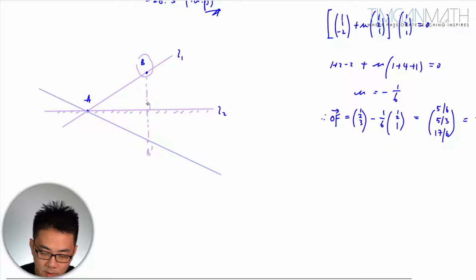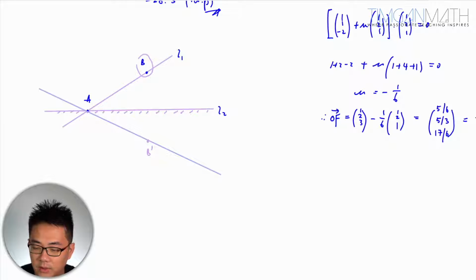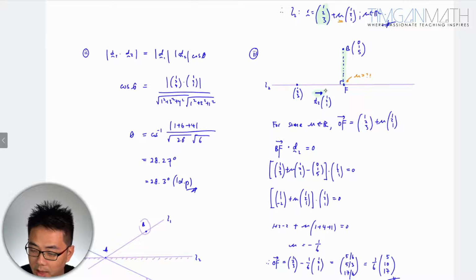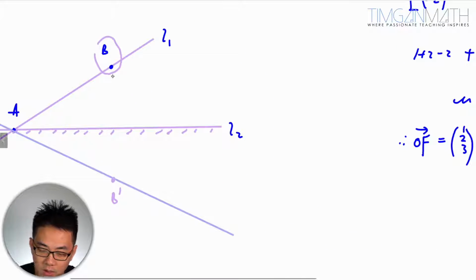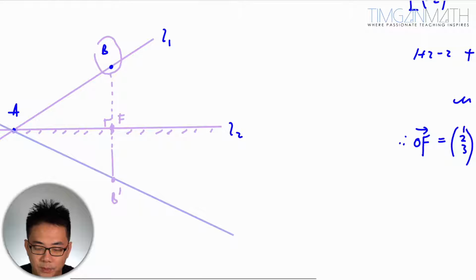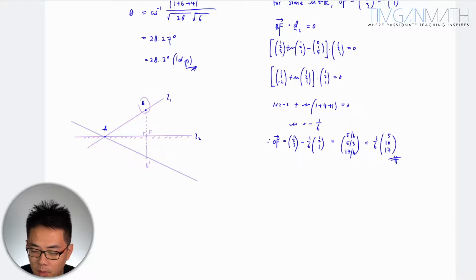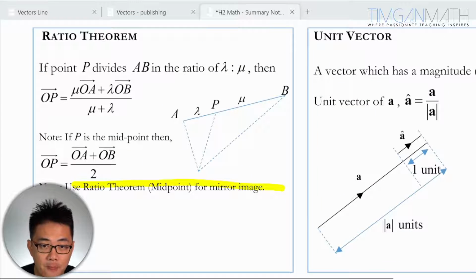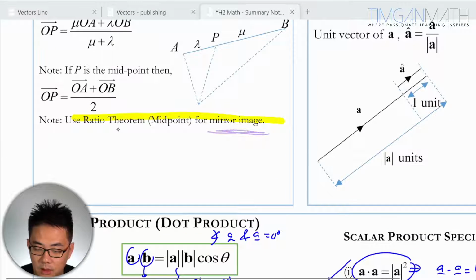This is the foot of perpendicular here, which is what we found just now, B to line L2, which is F. So this part here is F. Okay, so it goes back to what I've mentioned before, which is what I asked you to highlight before. Anything to do with mirror image, you need to use ratio theorem, midpoint.